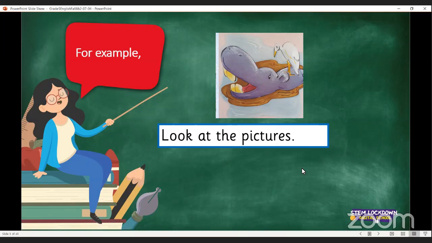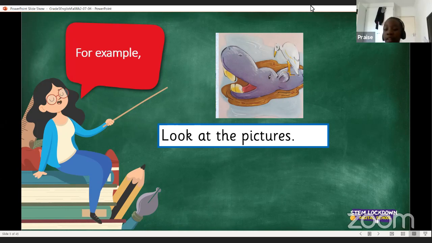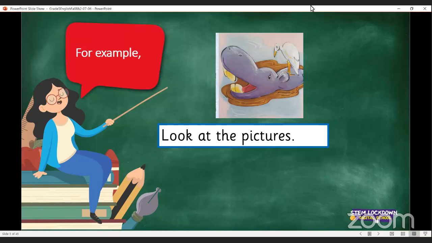Very nice. And what else do you see other than the hippo and the bird, Praise? I see water and a little bit of mud. That is excellent. The hippo is in the water and in some mud. That is exactly what I see too.